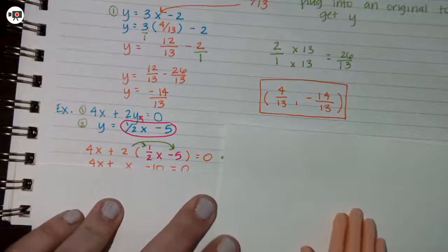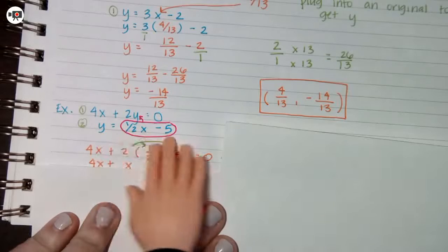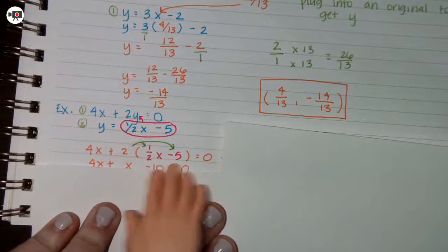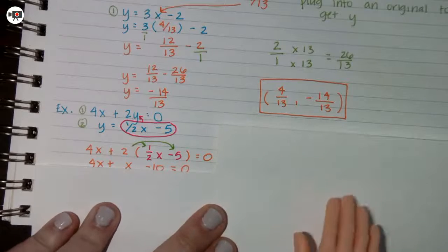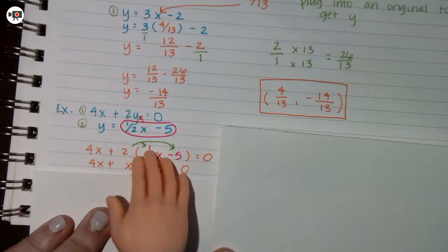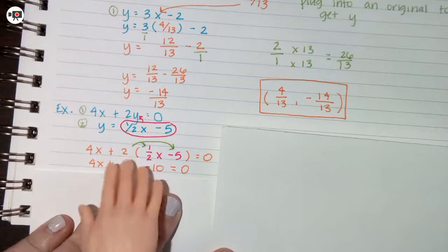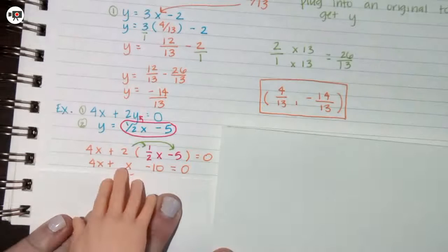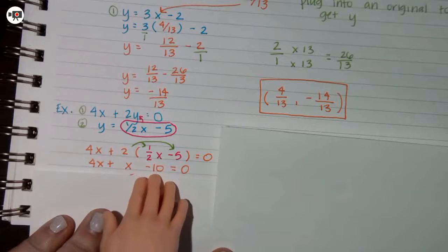So this is going to have 4x plus 2, and instead of writing y, I write what y equals. So I have 1/2 x minus 5 in parentheses. Then distribute this 2. 4x comes down. 2 times 1/2 is 1, so that's just x, and 2 times negative 5 is negative 10.